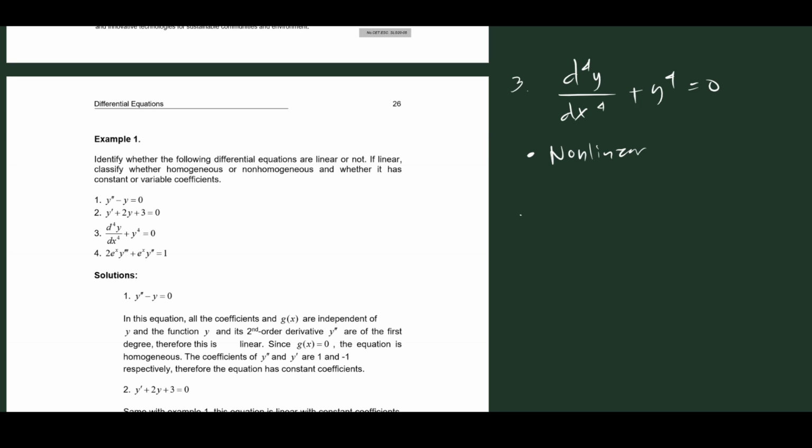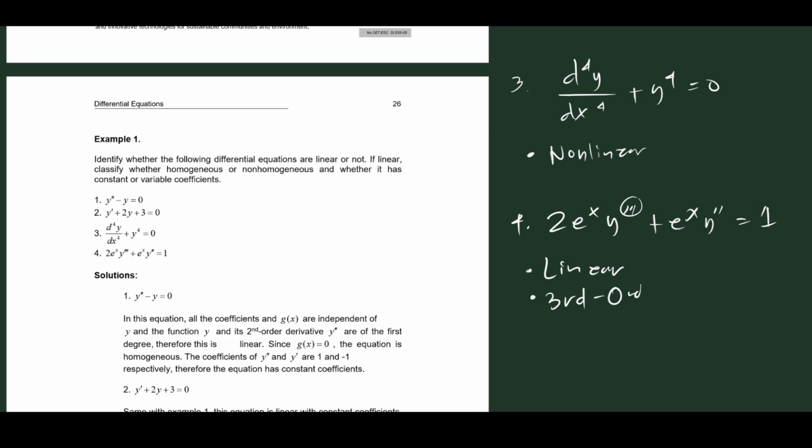Now let us proceed to the fourth one: 2e raised to the x, y to the third order, plus e raised to x, y double prime is equal to 1. As you can see here, this is definitely linear. And it is of the third order, because of this.